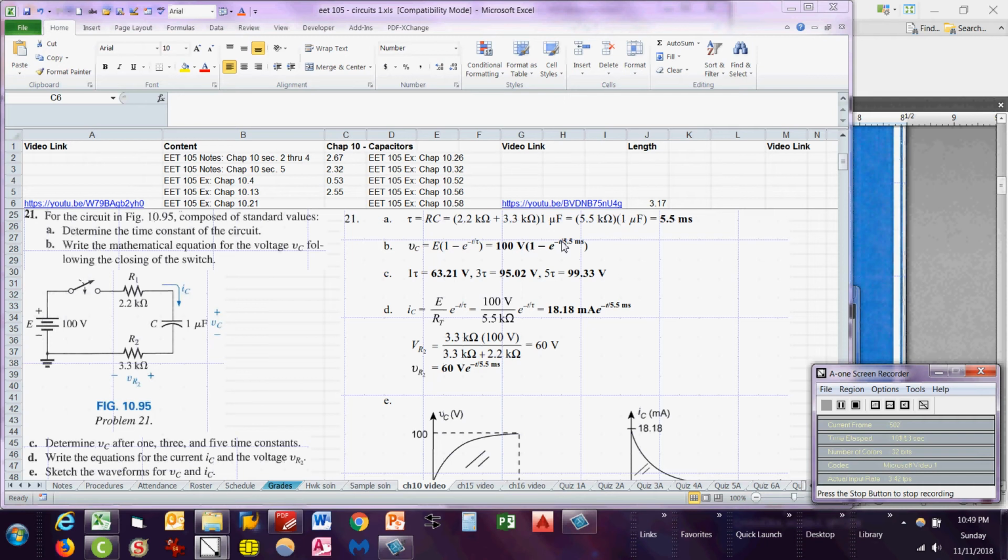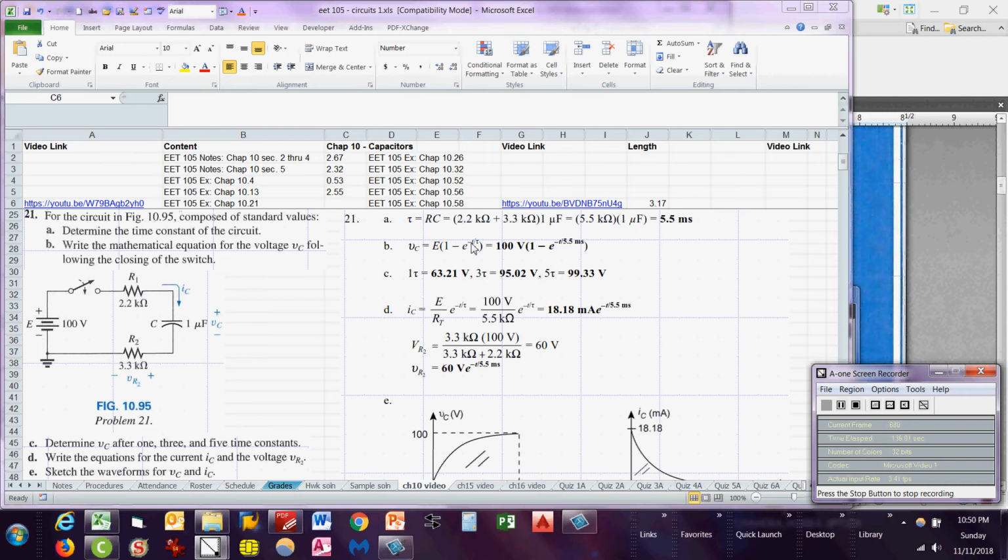You could either put in 5.5 milliseconds, which would make this 5.5 milliseconds divided by 5.5 milliseconds equals e to the negative 1, or you could just put tau in here, so you don't have to put the number in. You'll get a negative 1 here also if you just put in tau for t.